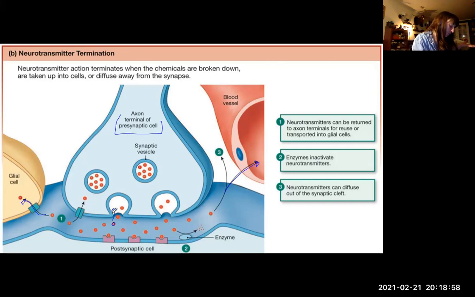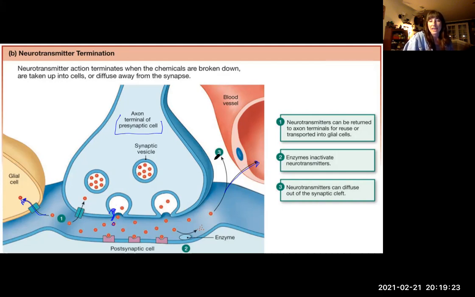So the neurotransmitter will be basically reabsorbed by multiple parties in the situation. It can be reabsorbed back into the presynaptic axon terminal. It can be reabsorbed by astrocytes, which are in charge of maintaining this extracellular environment out here, right? So that's going to be part of their job. They can take up this extra neurotransmitter, or the neurotransmitter can make its way into the bloodstream, right?